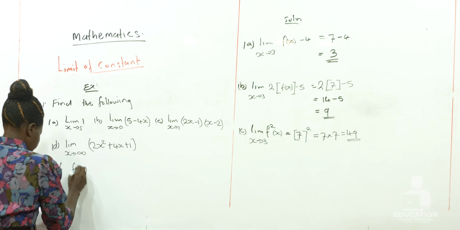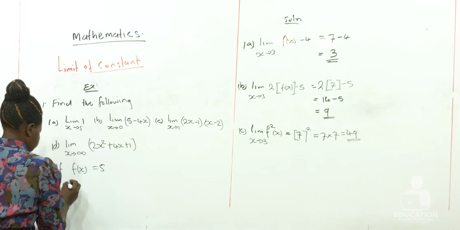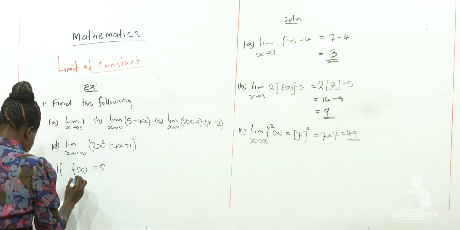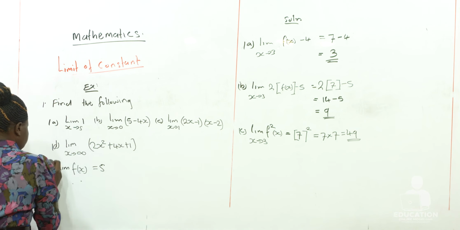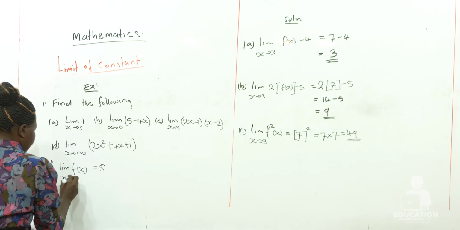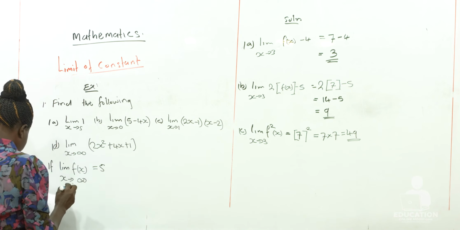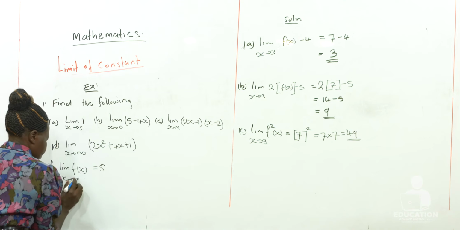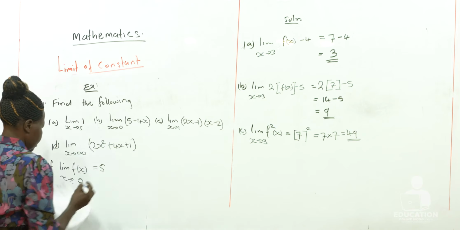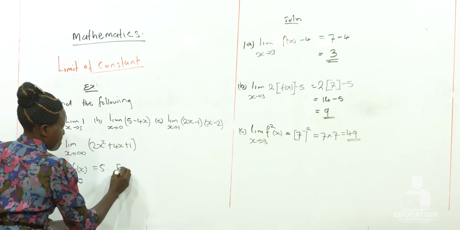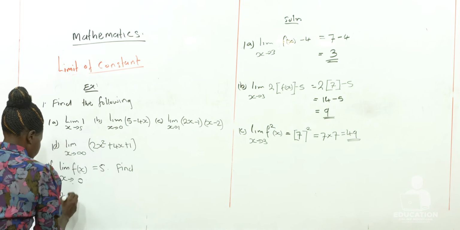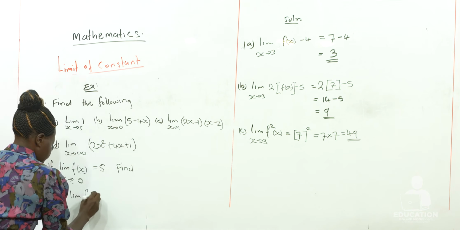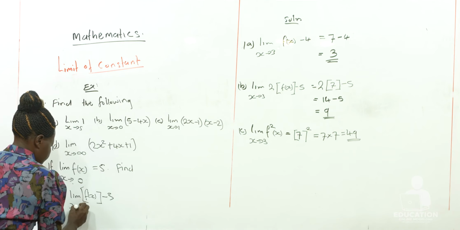And then number 2, it says if f(x) equals 5 when x is approaching 0, find: A, the limit of f(x) minus 3 as x is approaching 0.